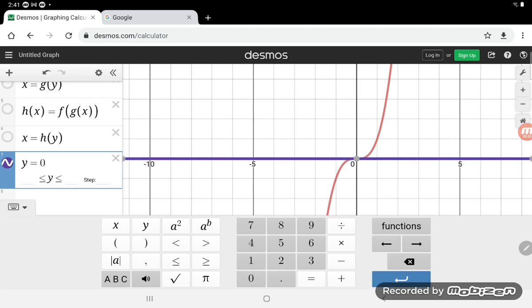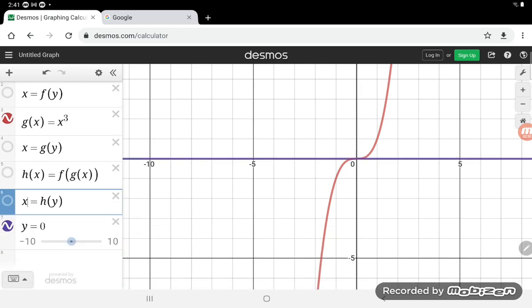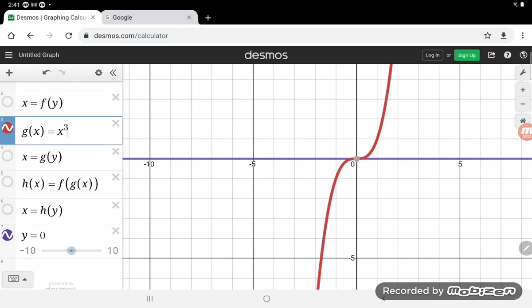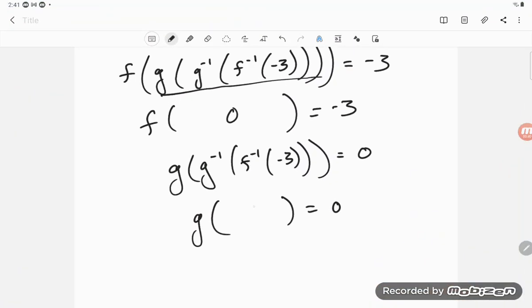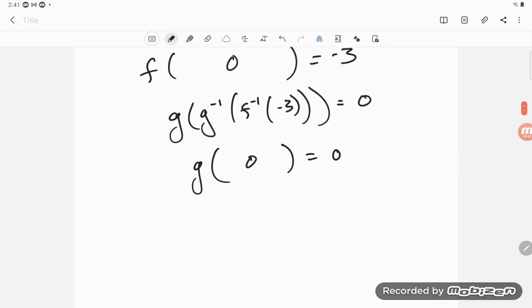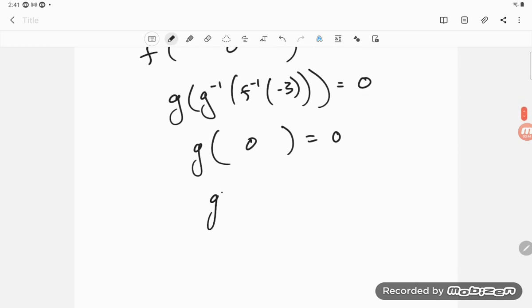And I look for that spot, and it's at 0, 0. So I can come back here and say, that's g of 0, which means that g inverse of f inverse of -3 is equal to 0. And so there I evaluated it.